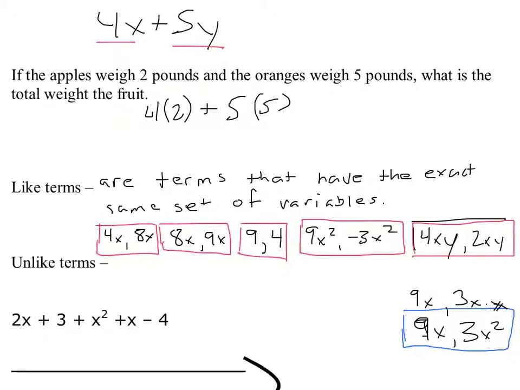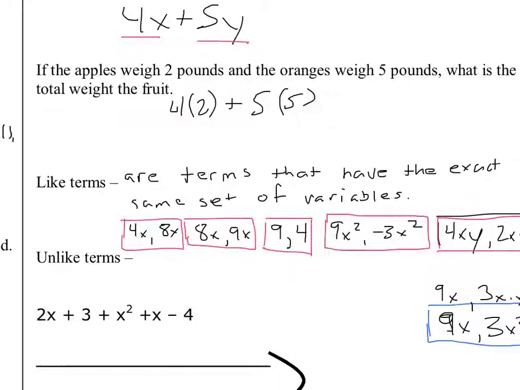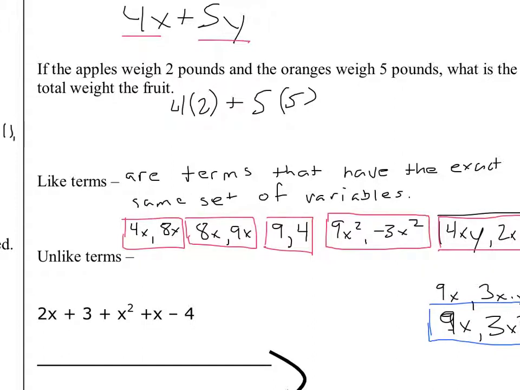All right? Which brings us to our definition of unlike terms. This is where you can start using your wonderful knowledge of the English language. You can say, okay, I've got a definition for like terms, and now I'm looking for a definition of unlike terms. Well, we know the prefix un means not.